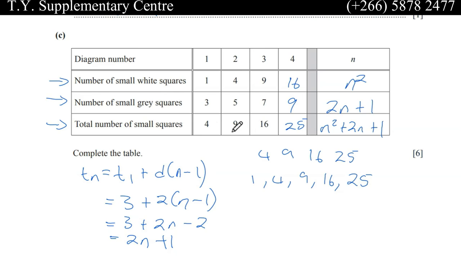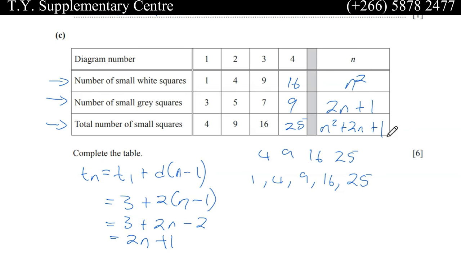Also note that the 9 is the same thing. 9 is in diagram number 2. So the next diagram which comes after diagram number 2 is 3. But to get this 9 for diagram number 2, we say 3 squared instead of 2 squared. Same thing applies here. To get the 16, we don't say 3 squared, but we say the number that comes after 3, which is 4, we square that and then we get 16.